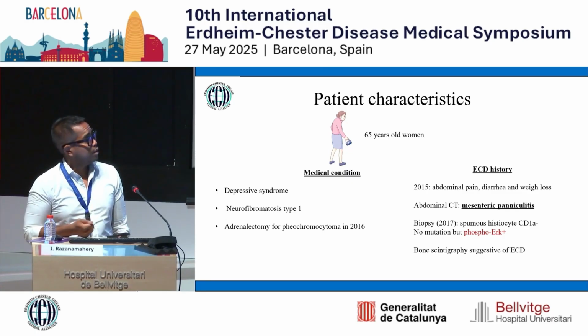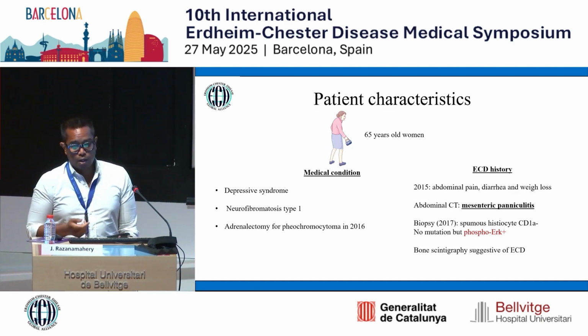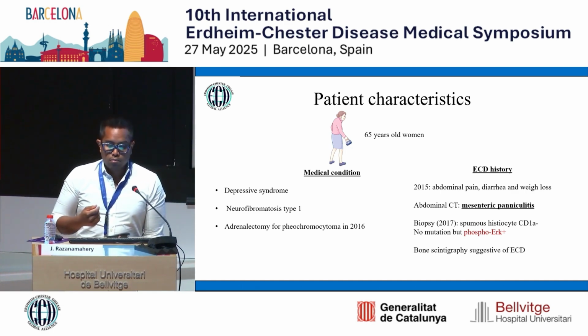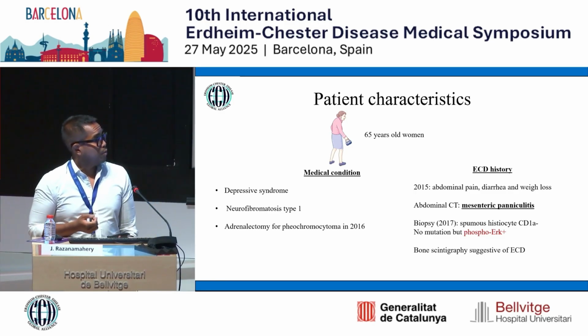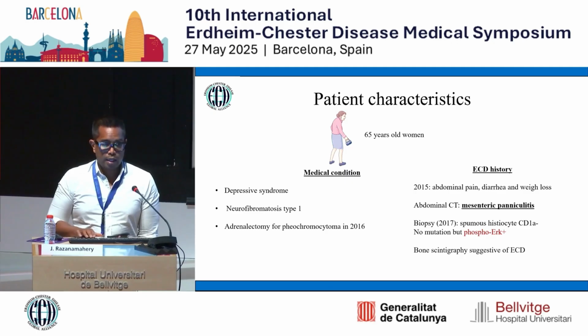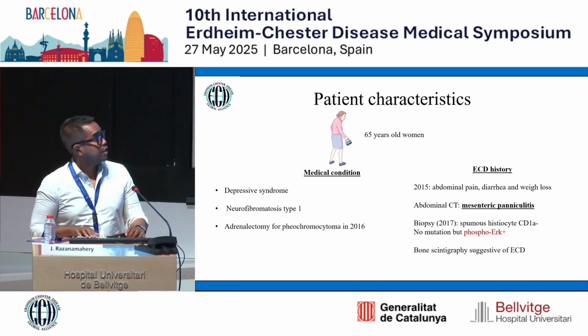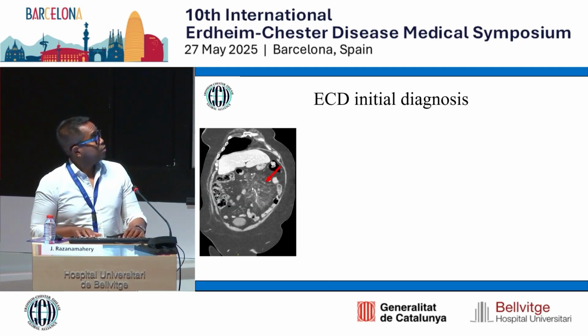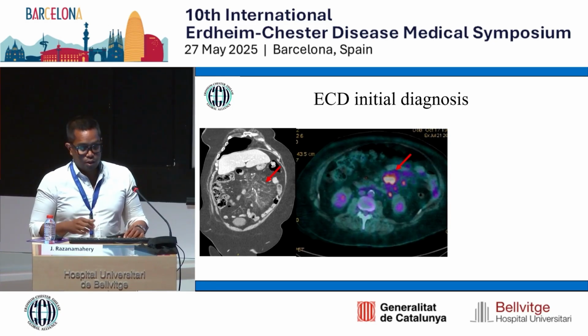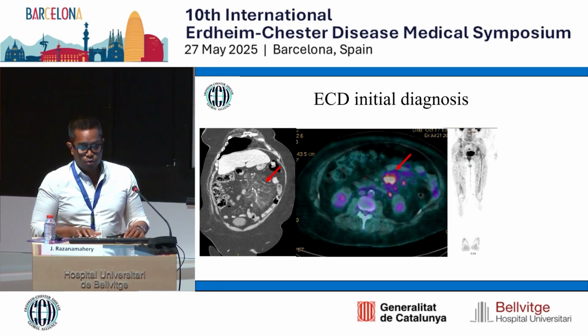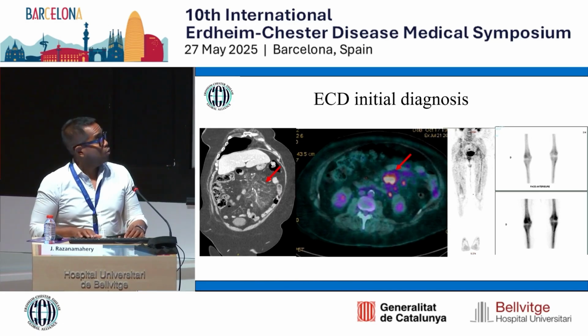And in 2017, she had a biopsy showing foamy histiocytes, no mutation, but phospho-ERK positive on the biopsy, and scintigraphy suggestive of ECD. So it was the lesion that the patient had. If you look at the PET CT, there is an uptake on the mesentery, and the bone scintigraphy shows long bone involvement.